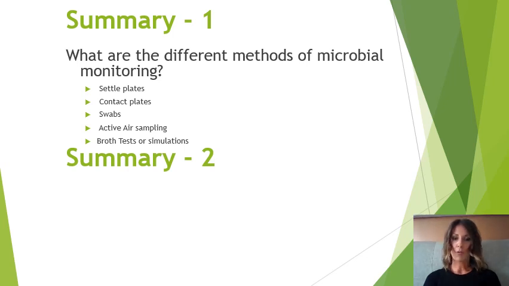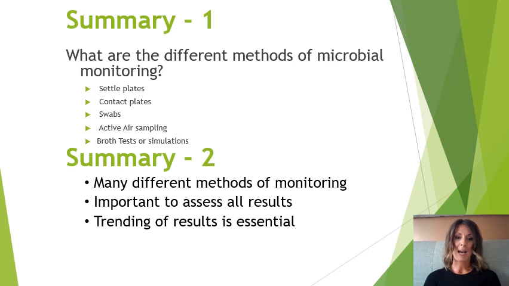We also have our broth tests or simulations to monitor our production process, our transfer process, and all these different methods of monitoring are really vital in providing assurance that our final product is of the expected quality that we require. So reducing and minimising that risk of microbial contamination.